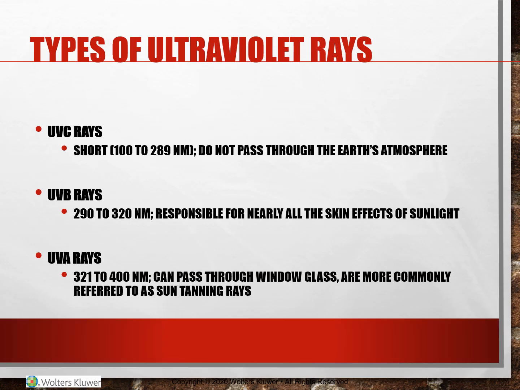UVB rays are those responsible for nearly all of the skin effects of sunlight. So these are the rays that most commonly cause things like sunburn. And they cause that delayed reaction we see in sunburn that causes it to persist past the initial exposure to sun.